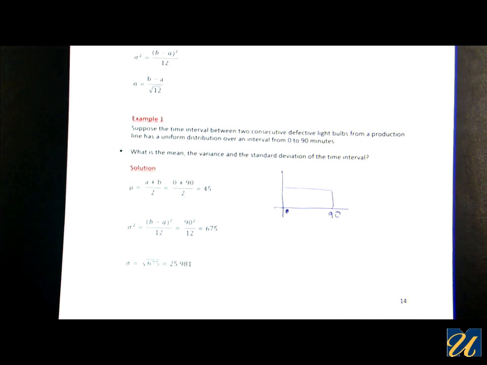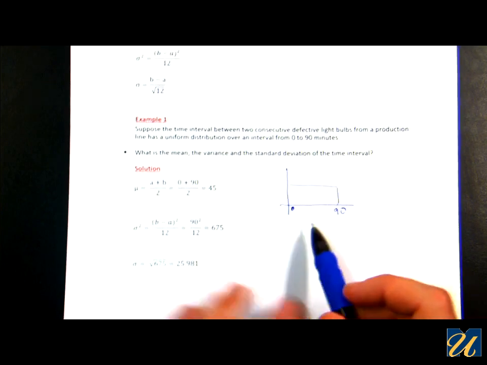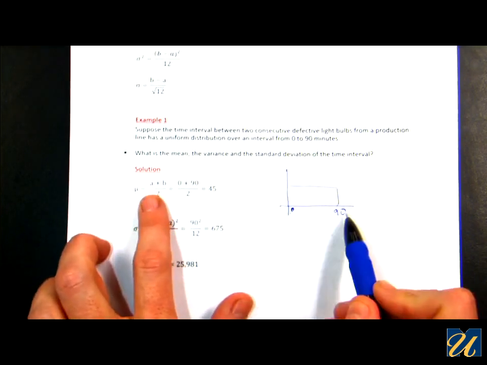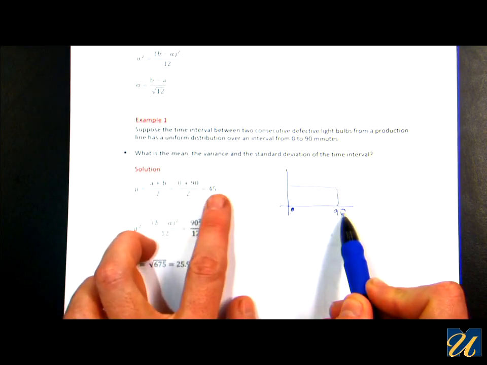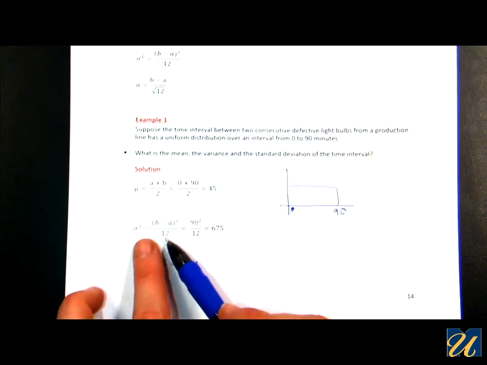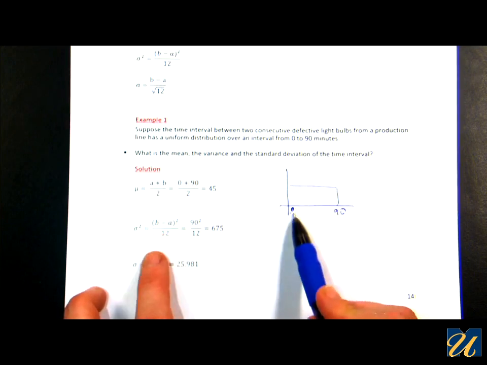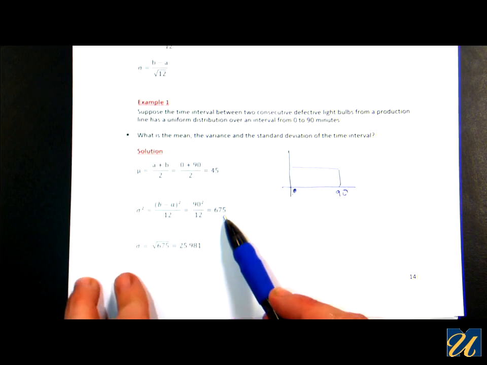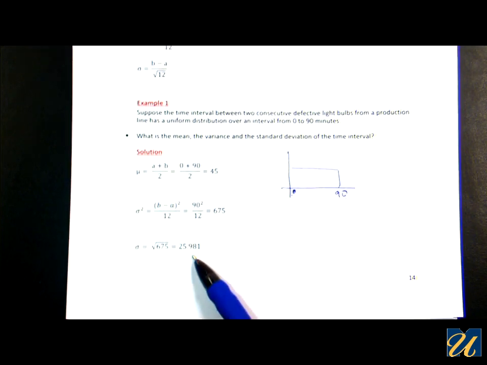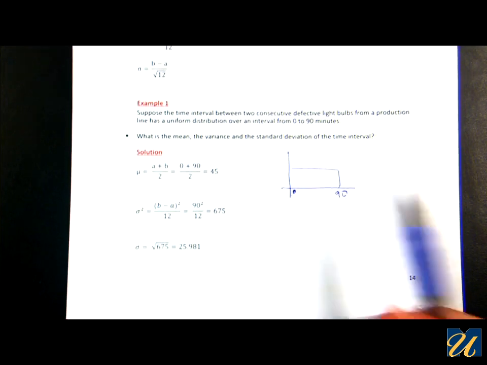What is the mean, the variance and the standard deviation of the interval? We said that mu is a plus b divided by 2. So 0 plus 90 divided by 2 is 45. The variance, 90 minus 0 squared over 12, is 675. And then the square root of 675 for the standard deviation is 25.981.